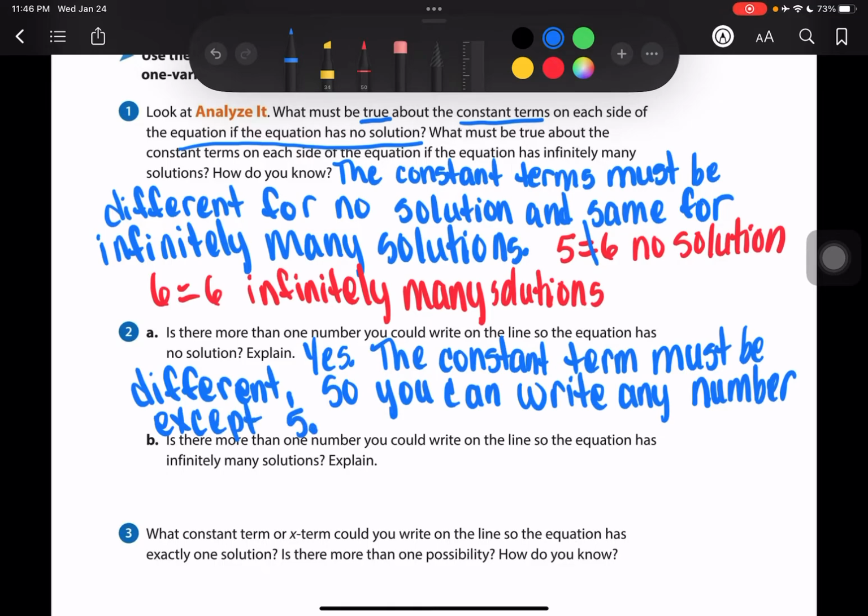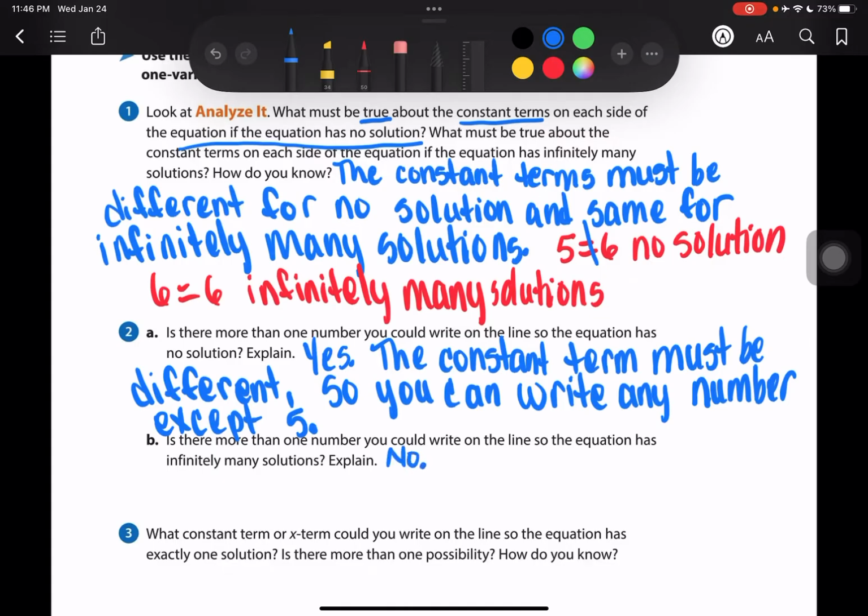All right, letter B. Is there more than one number you can write on the line so the equation has infinitely many solutions? If you answered no, you are correct.